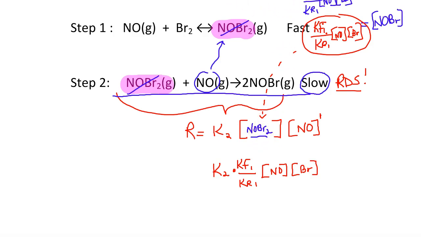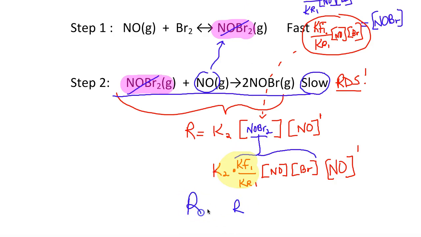So let's make sure we understand that I put this in. All of this is for NOBr. And then of course I still have what is part of the elementary step of the slowest step, the second step. I have this to the first. And we can simplify this. As I said before, the rate law constant of the second step, times this fraction of rate law constants of the forward and reverse, is going to equal the rate law constant of the reaction.